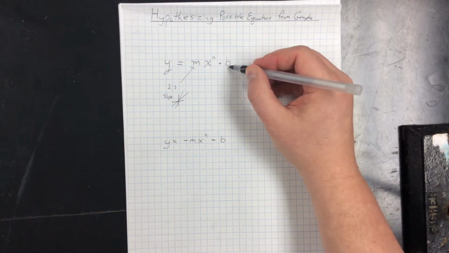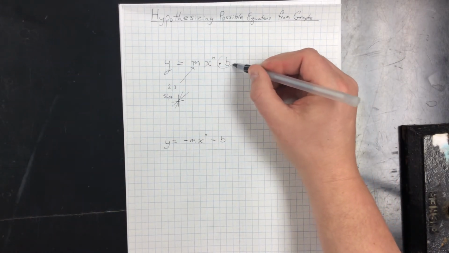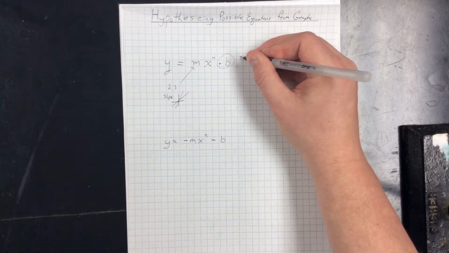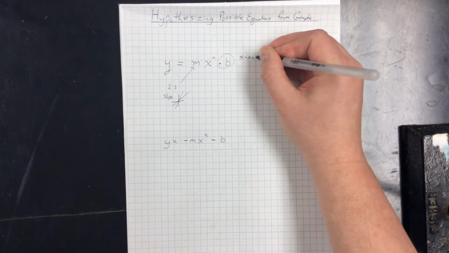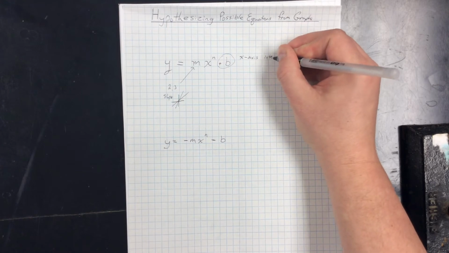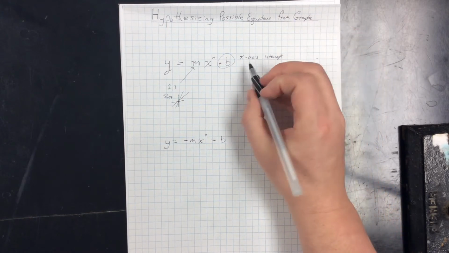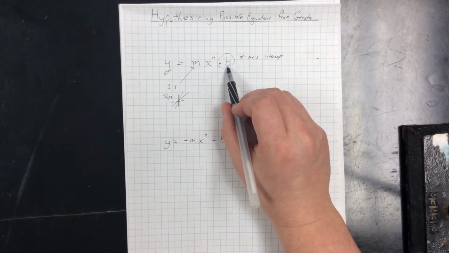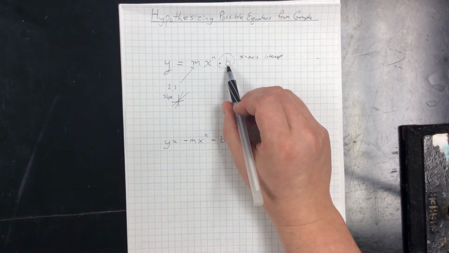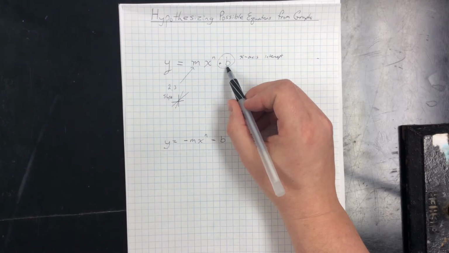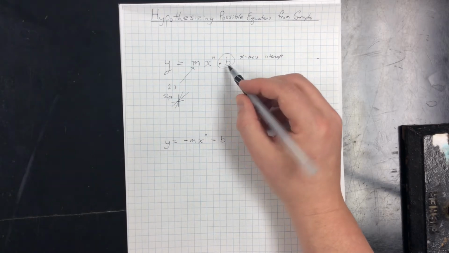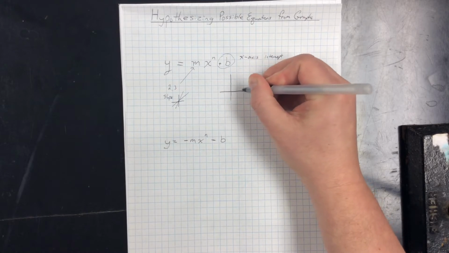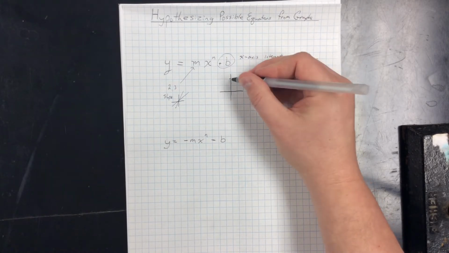For the b, we should have found that it affects where it crosses the y-axis. So if this was plus b, plus 2, I would be expecting it to cross the y-axis at 2 above the x-axis.